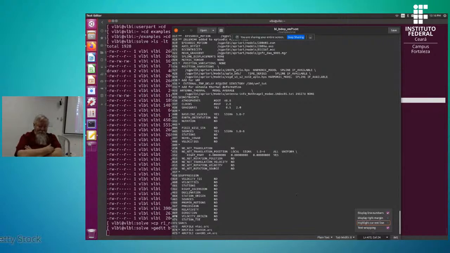Way at the bottom, on line 473, 474, what you want to do is put a star where it says cont14.arc, and then remove the star where it says misc.arc.